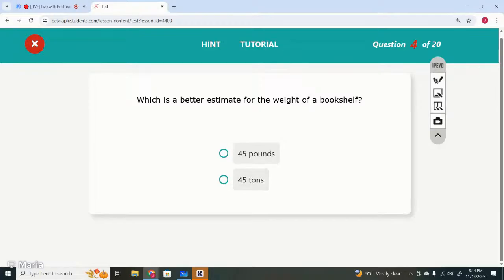Which is the correct option? The correct option is 45 pounds, right? 45 tons is too much.